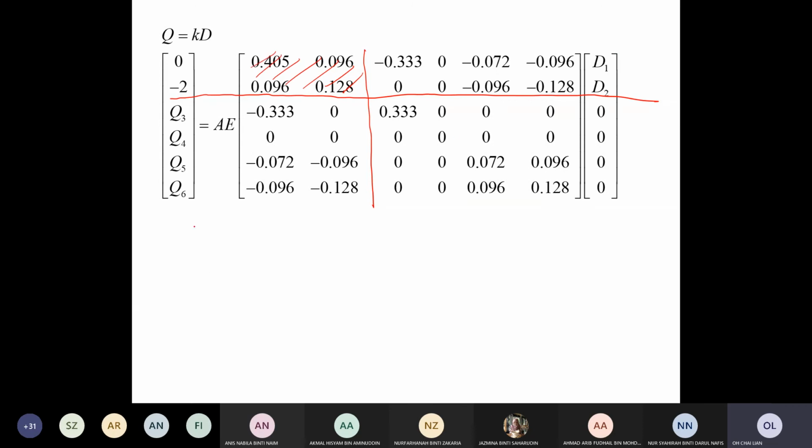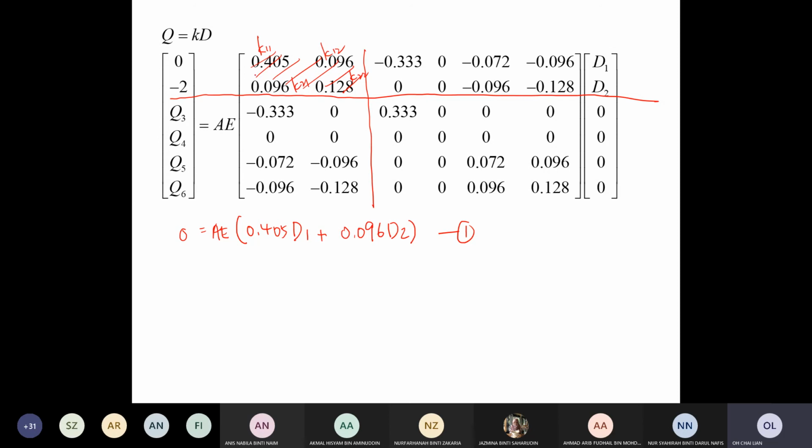So what you can do here is write the first equation: AE times 0.405 D1 plus 0.096 D2. This will be your equation 1. Remember, you have this K11, K12, K21, K22, D1 and D2.